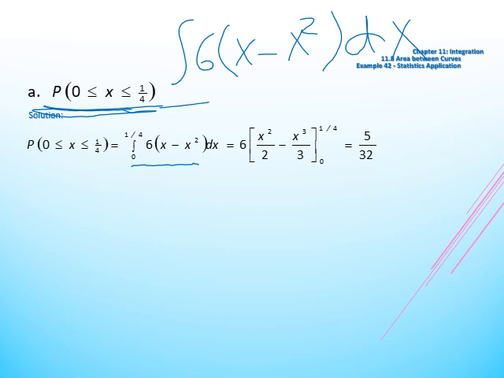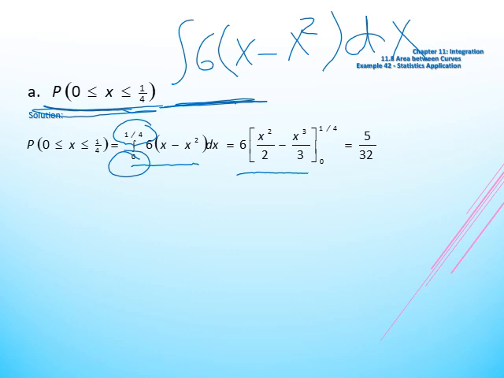So we will make our integration, but as a definite integration, using upper limit 1 over 4 and lower limit 0. Easily, we will take our basic rules for the integration, and then substitute with the values 1 over 4 and 0.